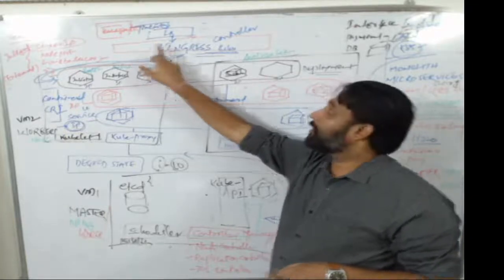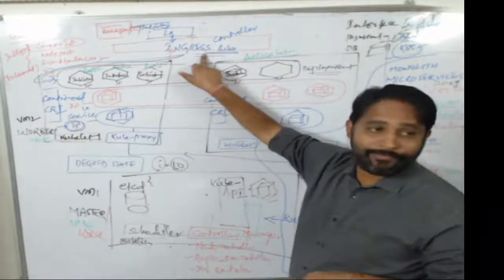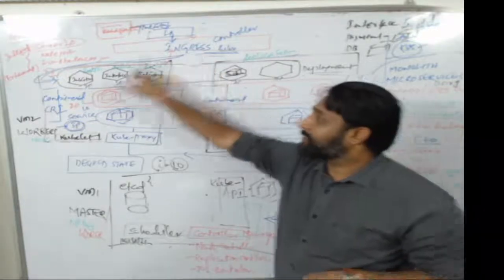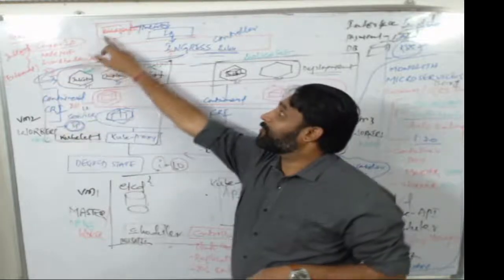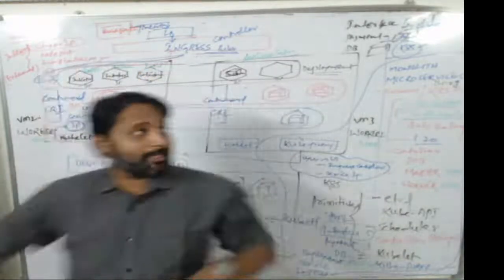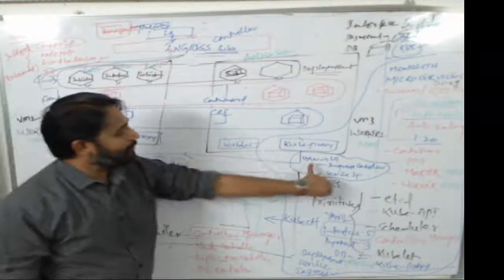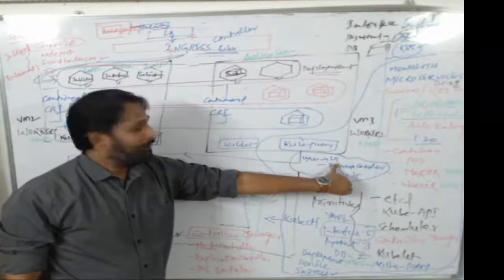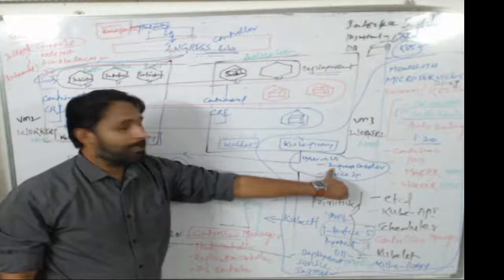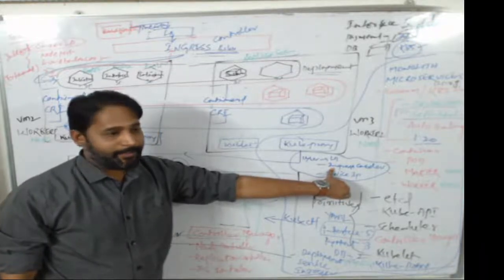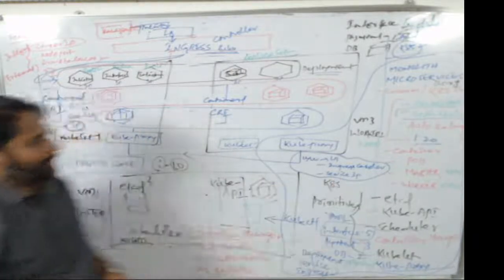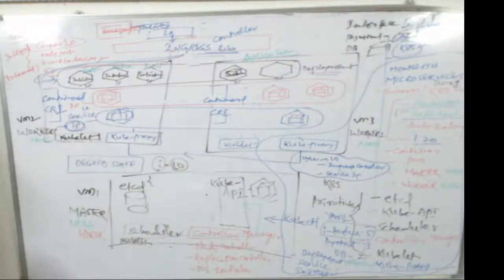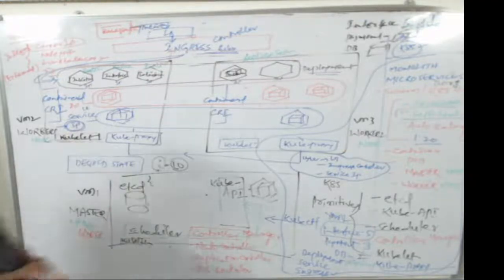The ingress controller matches it with the rules and decides which service IP should receive that request. So when you hit a URL on your browser, it goes through the load balancer and reaches the controller. The controller decides which service IP should receive it, and that service IP will receive your request. Alright? Those are the words.